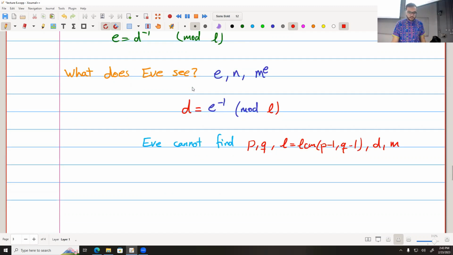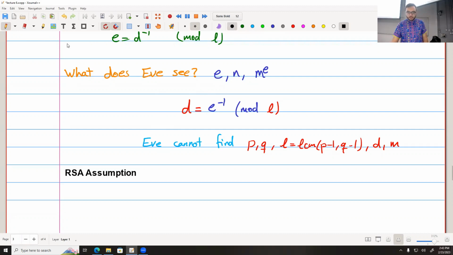And so if I want to be very specific about it, this is the RSA assumption. And I say assumption because we don't have a proof for it, but it holds as far as we know until today.